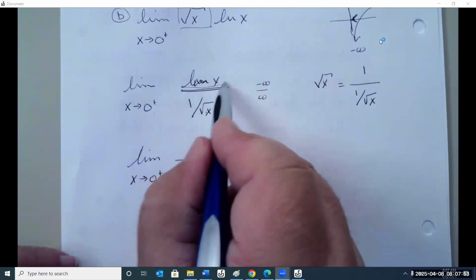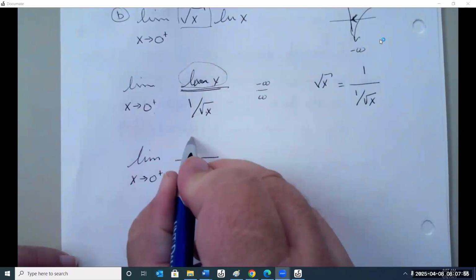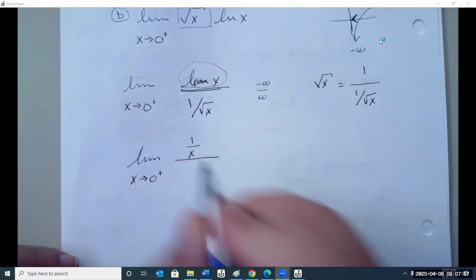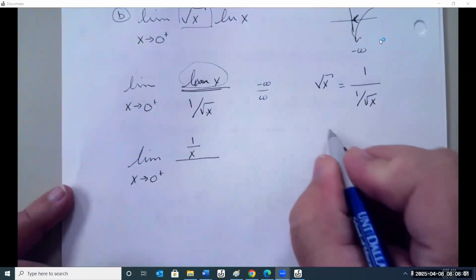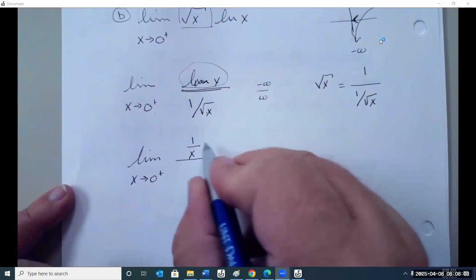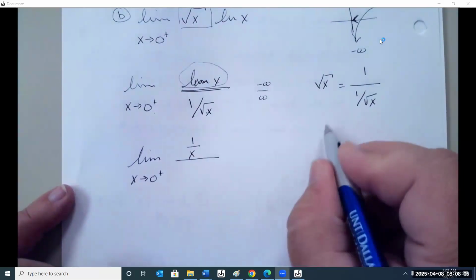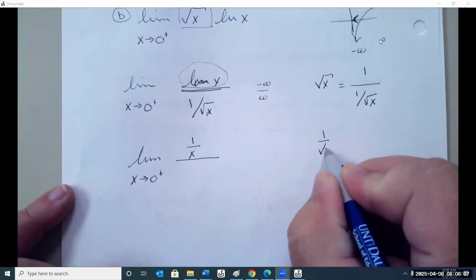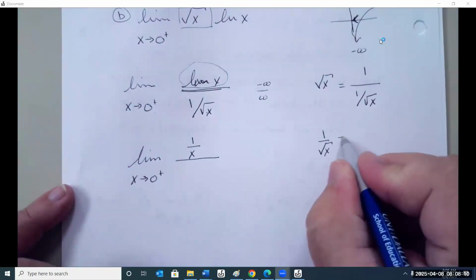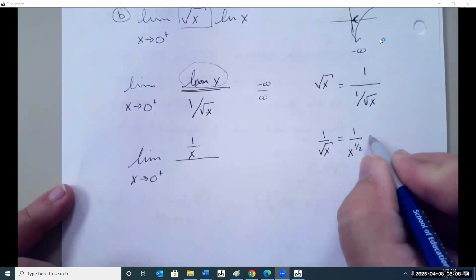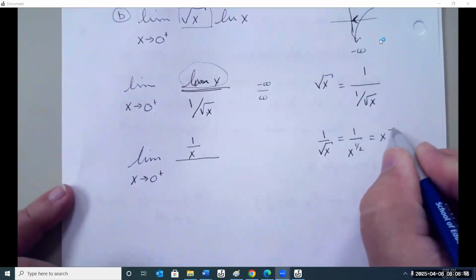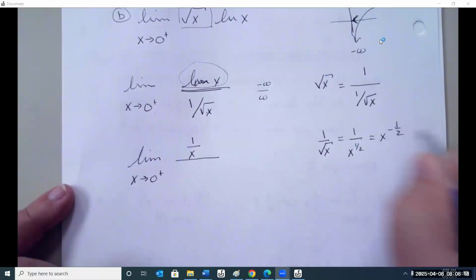The derivative of ln x is 1 over x. The derivative of, let's rewrite this bottom part, 1 over radical x is the same thing as 1 over x to the power 1/2, which is x to the power negative 1/2.